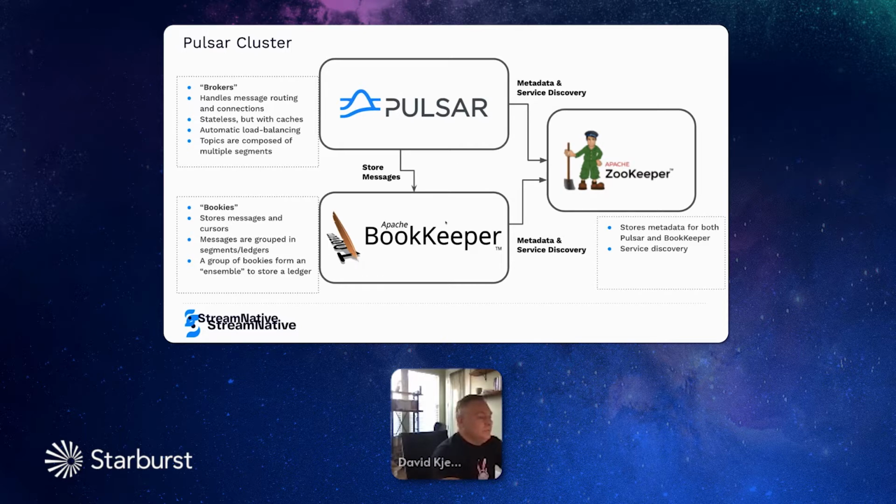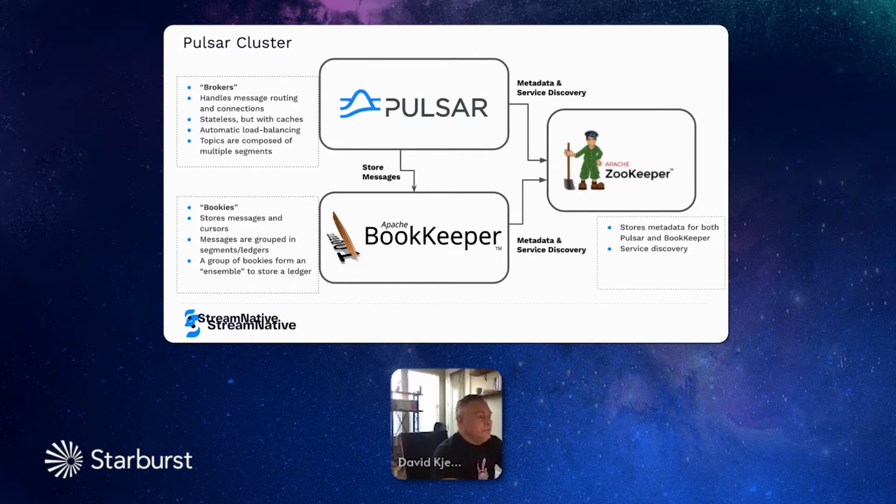Within each one of those, Bookkeeper has what's called a bookie, and those are a stateful storage layer that works on an append-only distributed log concept, similar to Apache Kafka or other messaging systems. They're stored in what are called ledgers, and then they get replicated across multiple bookies so that the data is always available. And you can have placement policies as well to make sure that copies of the data are in different racks, different availability zones, however you want to distribute that data.